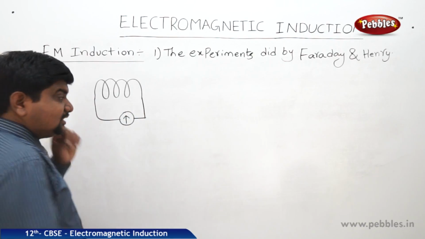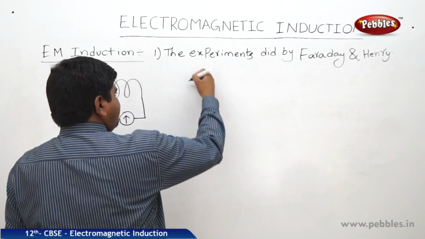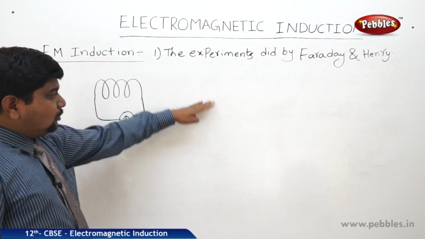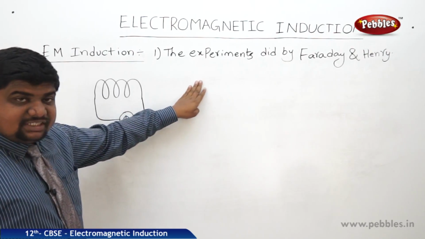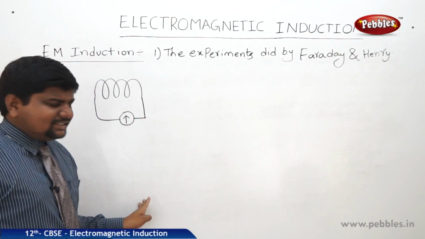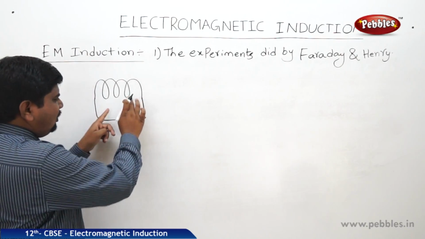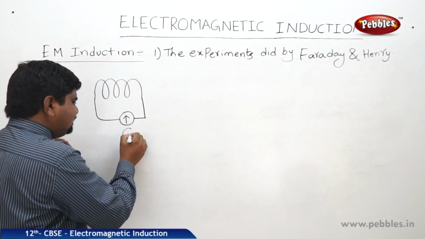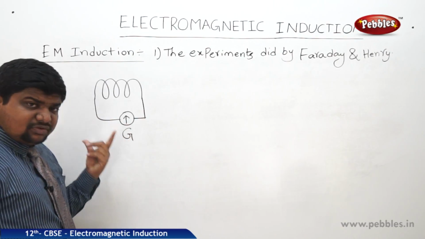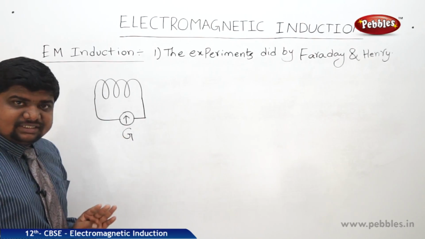In our textbook it is given as a rounded shape, which is difficult to draw on a 2D board, so let us assume the coil like this, with n number of turns. The galvanometer senses small currents and their direction.